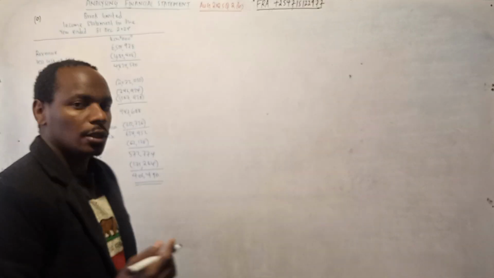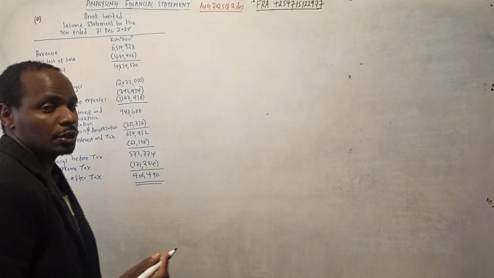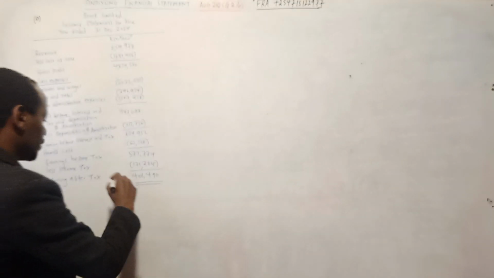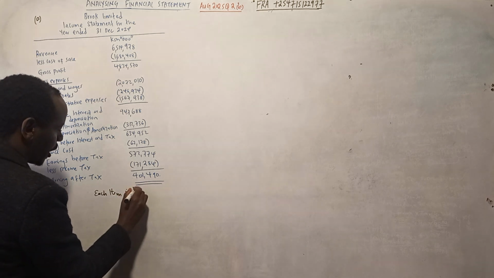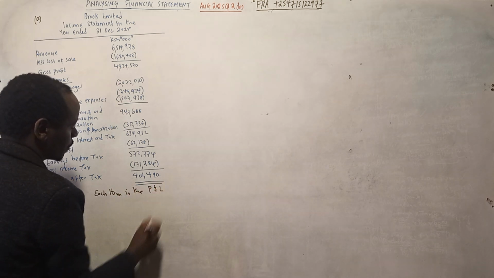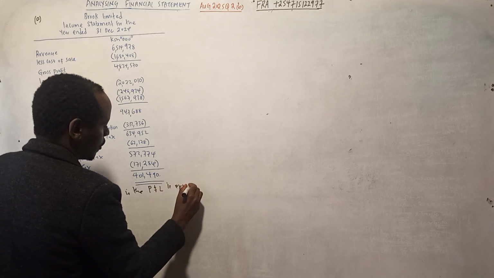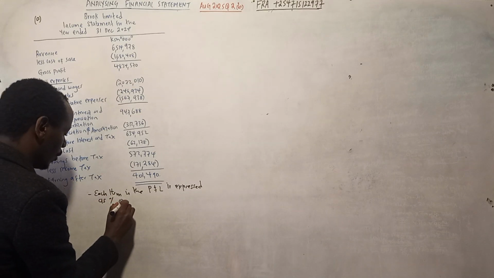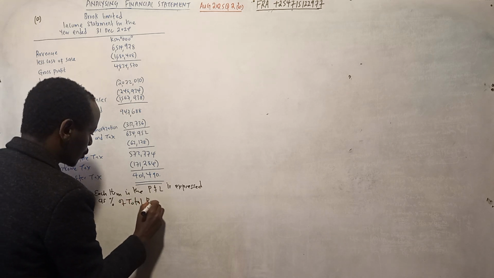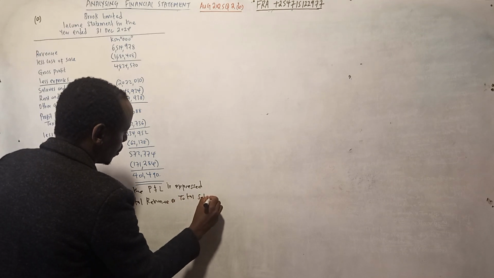For the vertical common size statement, when we talk about the income statement, or the statement of profit and loss, we say that each item in the income statement, or in the P&L, is expressed as a percentage of total revenue or total sales.